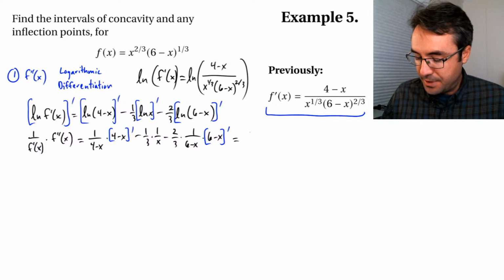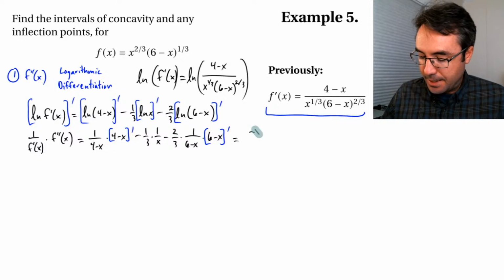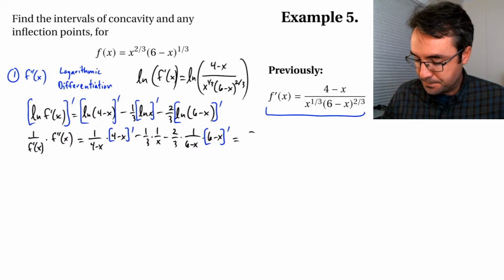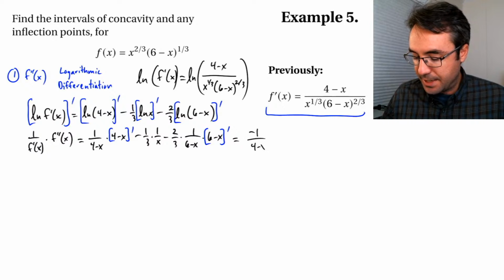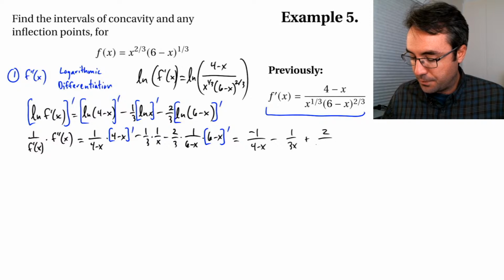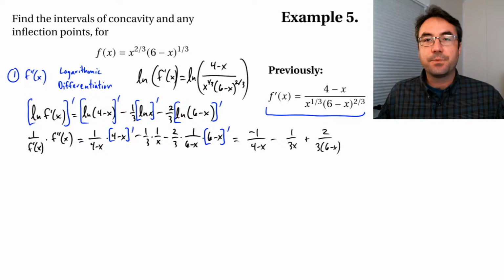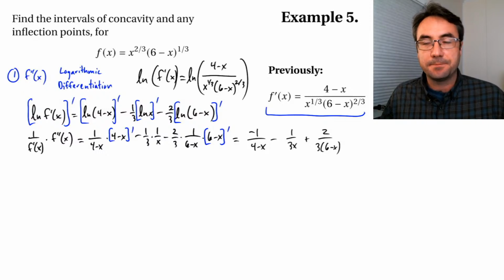We end up with negative 1 over 4 minus x minus 1 over 3x plus 2 over 3 times 6 minus x. So just finish differentiating there.